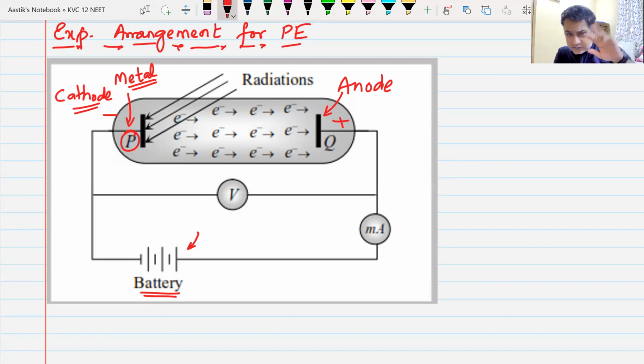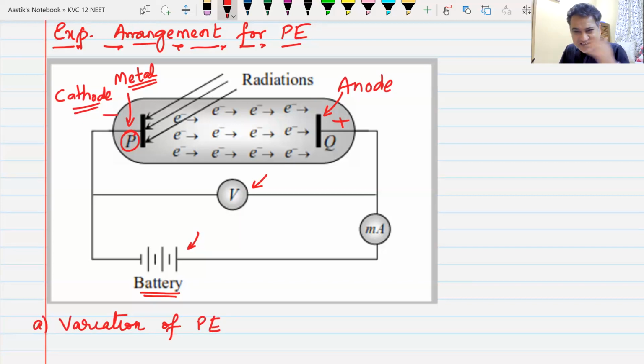Now let us first see what happens if we vary one thing. We'll just vary the potential difference V. So the first heading that we are going to write is: variation of photoelectric current with V. You understand V? V is the potential difference between the cathode and the anode. So heading A: variation of PE I with V. PE means photoelectric, I means current.